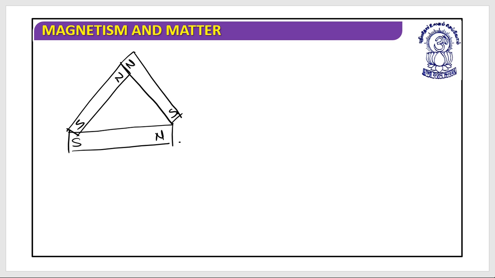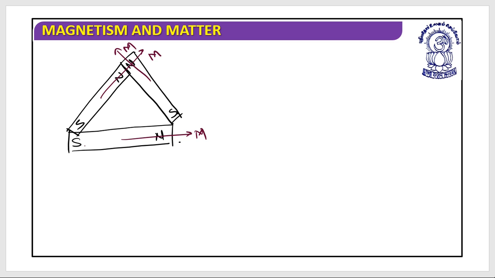So find out the net magnetic moment of the given figure. This is the magnetic moment of 1, this is the magnetic moment of 2, this is M, and this is the magnetic moment of the third one.